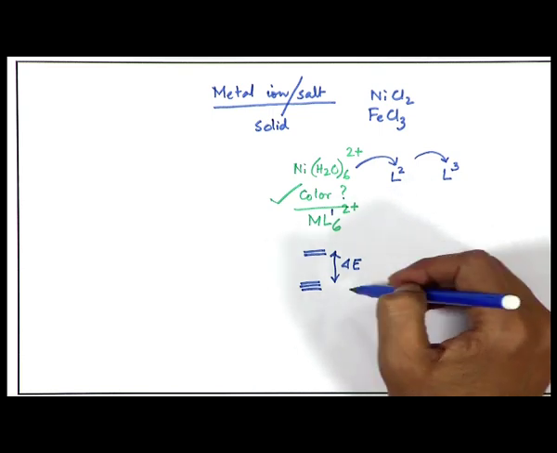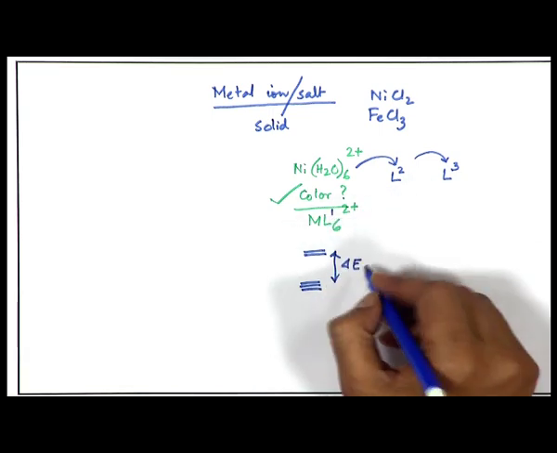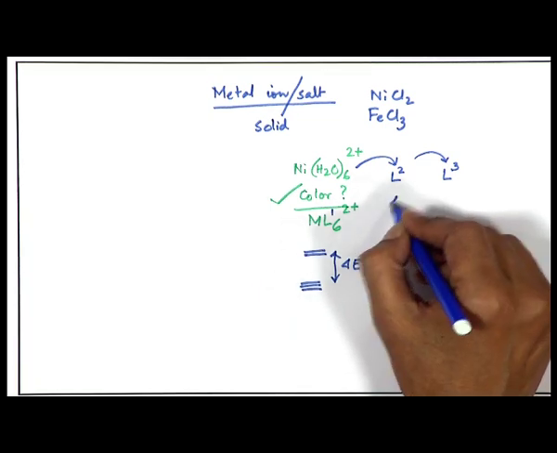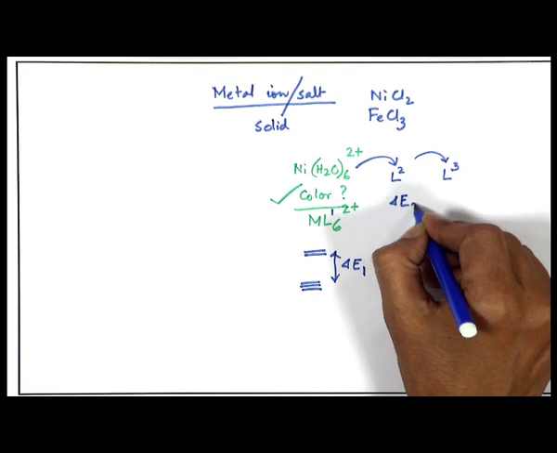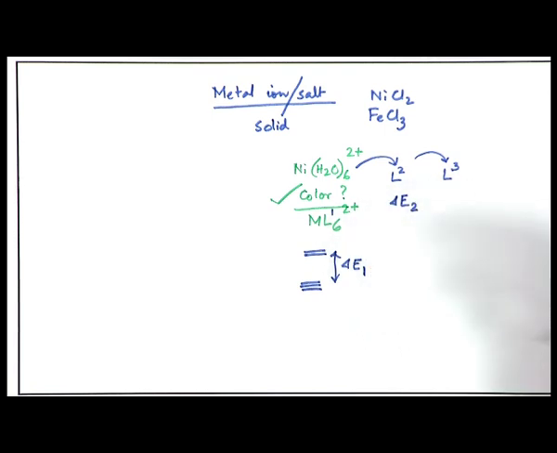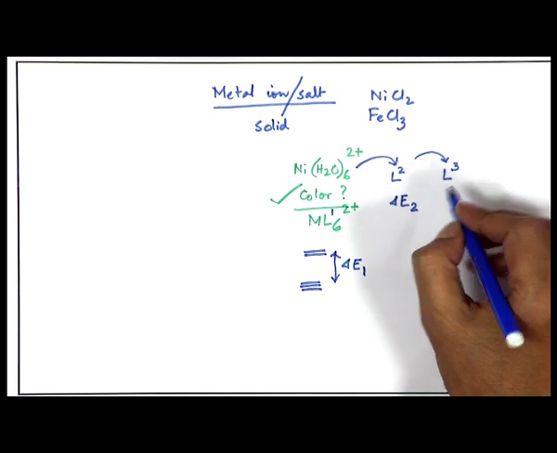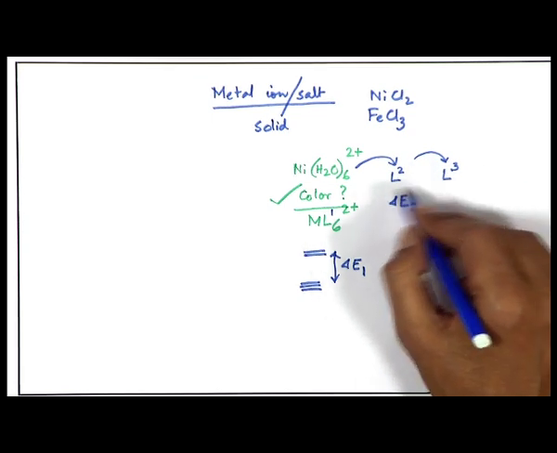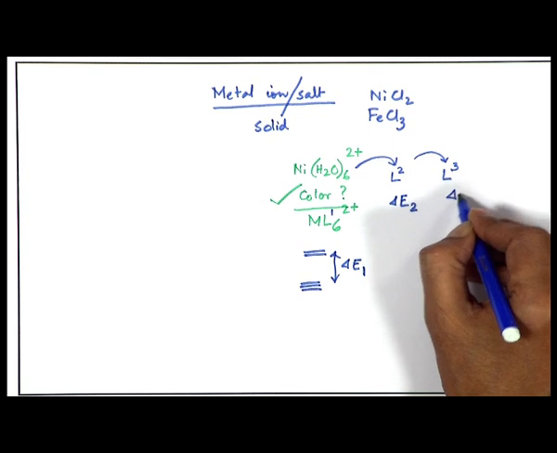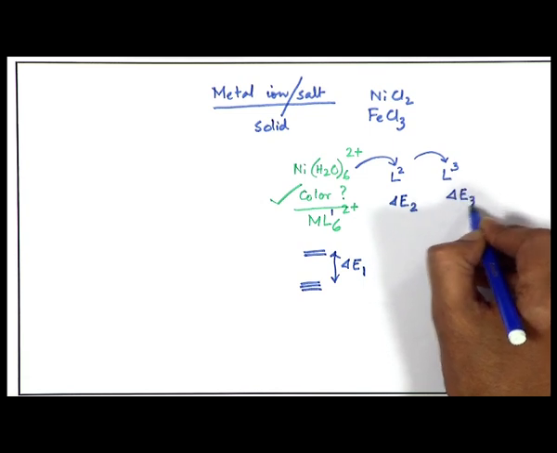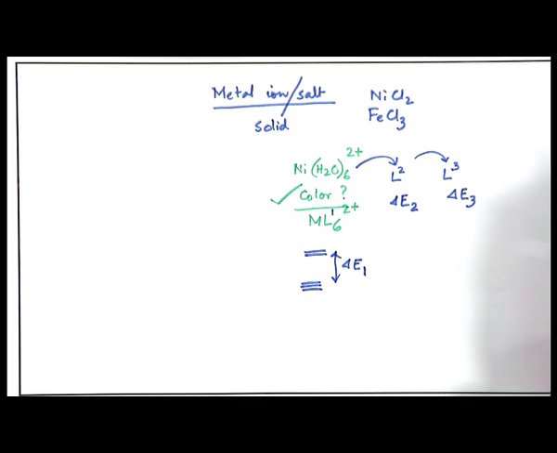For this first ligand, this will be delta E1; for the second it will definitely change, whether it goes up or down, the color will change accordingly, and you have a separation of delta E2. Similarly, for the third ligand, you can have a separation of delta E3.